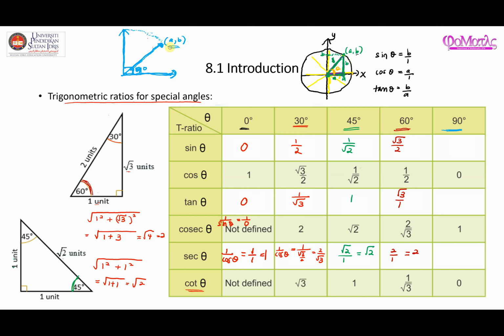So now the point A and B here is moved towards this point. So A and B here will be at this point, and this value can be determined easily because like I said earlier, this is inside a unit circle.